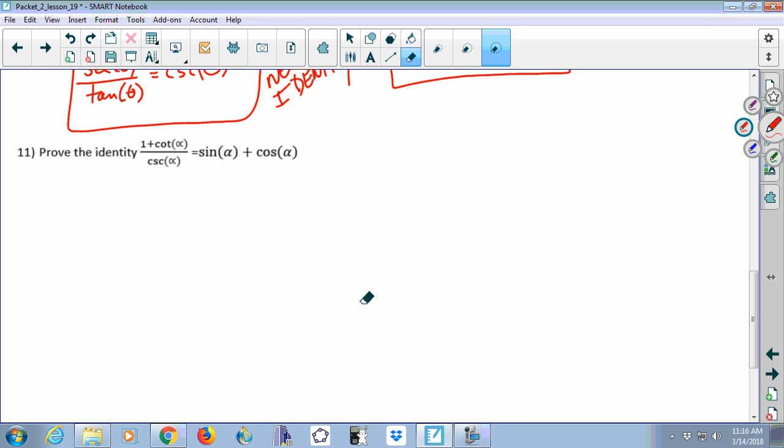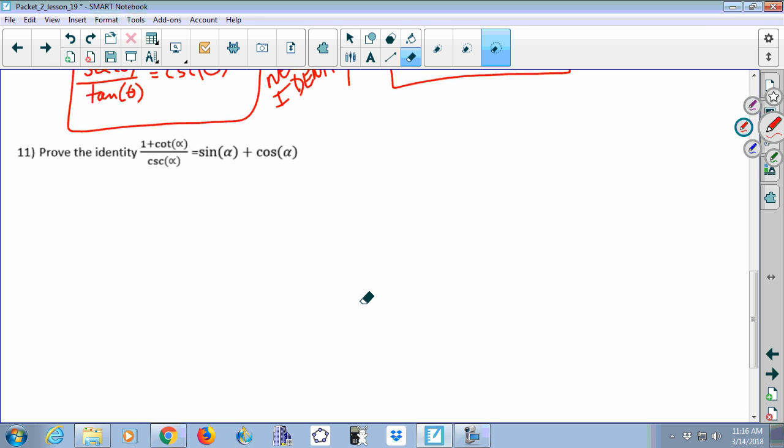So you have to pick one side of this equation and manipulate it and show that that side is exactly the same as the other side. You already know the end of the story. You do not work on both sides, whatever you do to one side you do to the other, like when you're solving an equation.